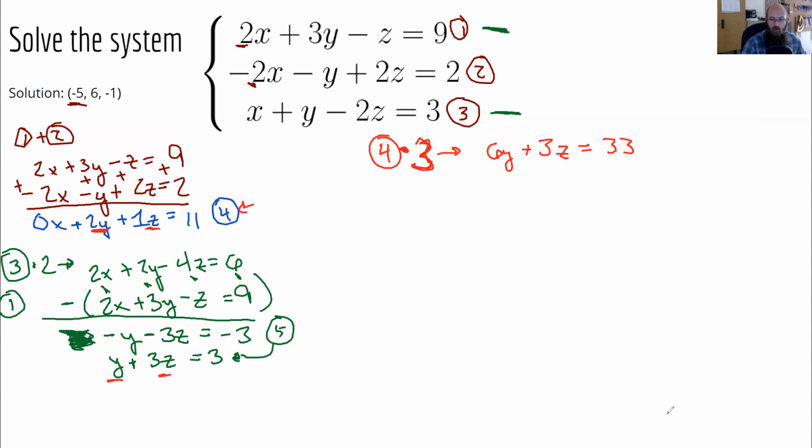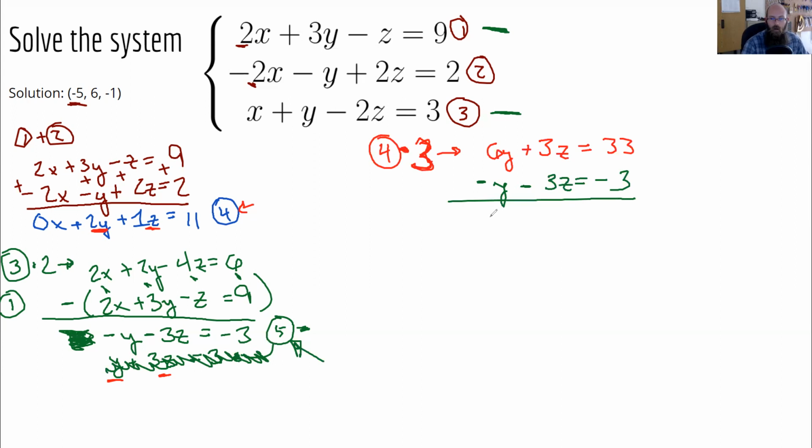I'm also going to take equation 5 down here, and I'm going to bring it up. Actually, I'm going to use the negative version of this, because the negative case is going to be more useful to me. So negative y minus 3z equals -3.